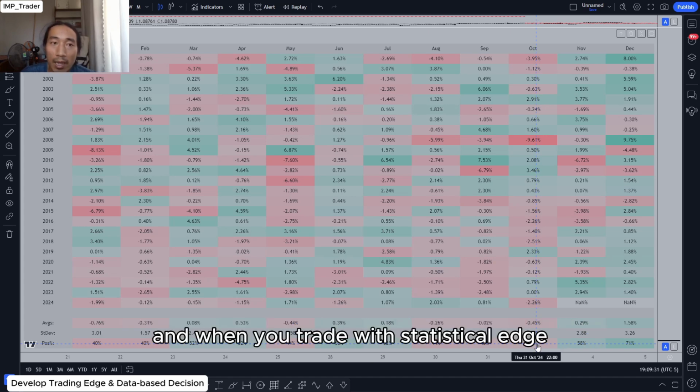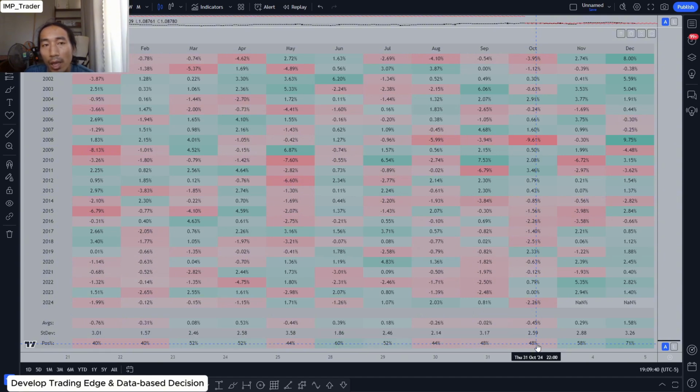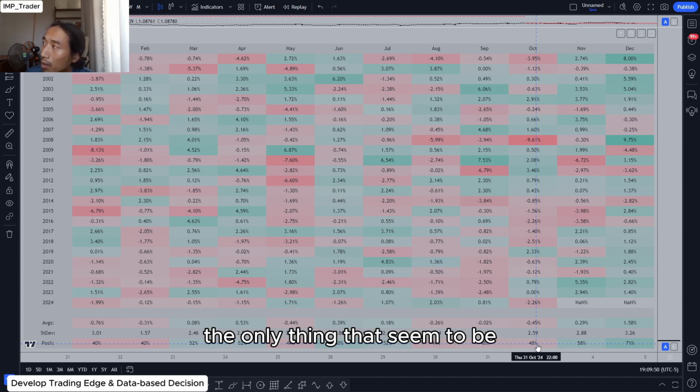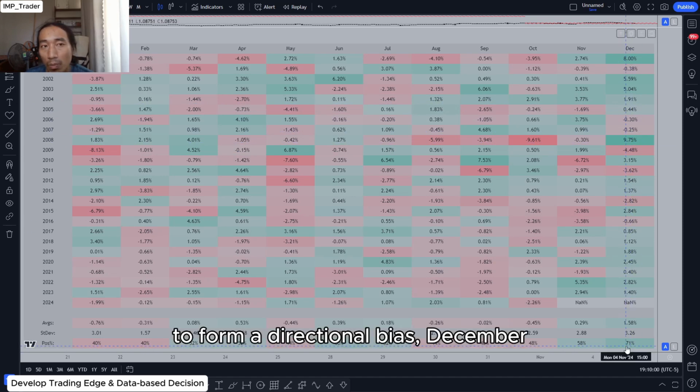And when you trade with a statistical edge, I don't think you can actually utilize an edge that has a probability of less than 70%. It's quite difficult. The only thing that seems reliable to form a directional bias is December.